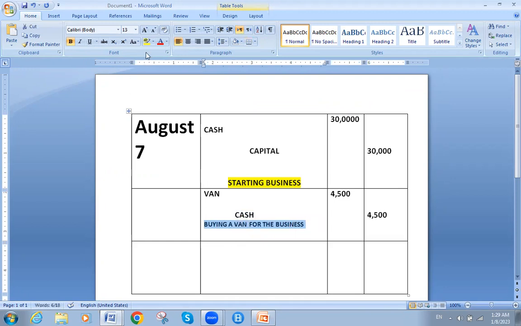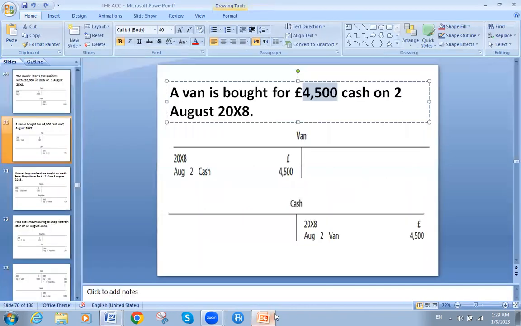And we can just signalize it with yellow, handwritten like this. So this is the second transaction. I bought a van, then from the van. Sometimes in some textbooks you'll find it from purchase to cash. That's fine. The name of the expenditure or from purchase to cash, all are fine. Some books like this, some books you will find it from purchase into cash.